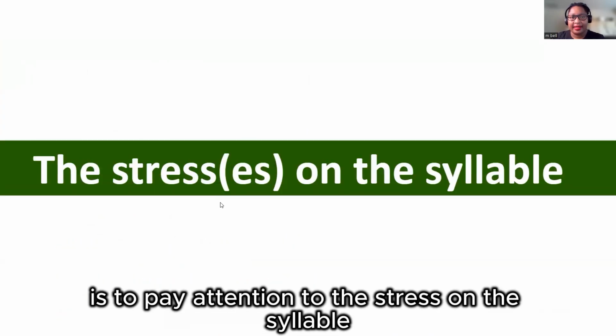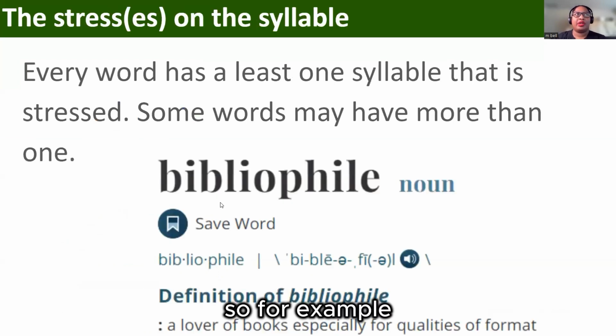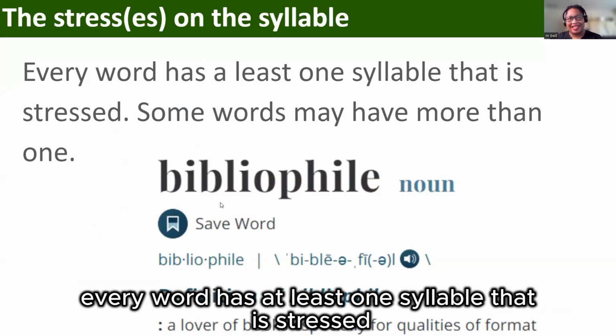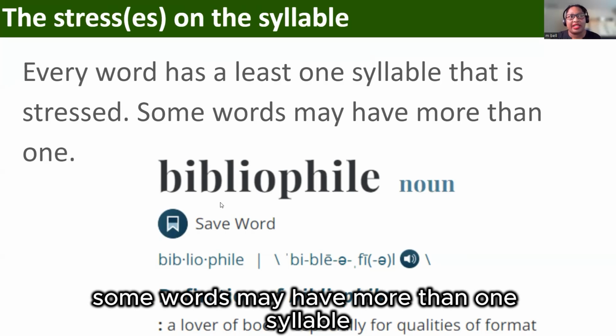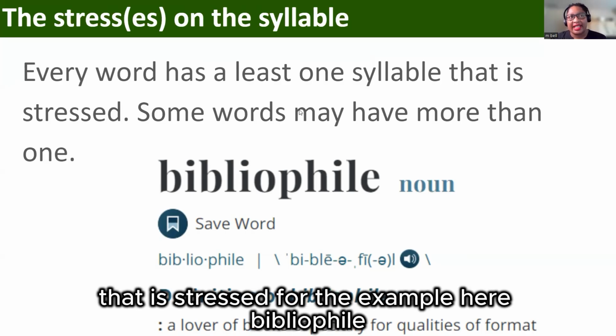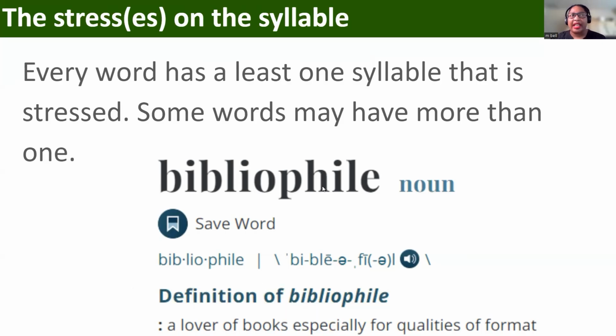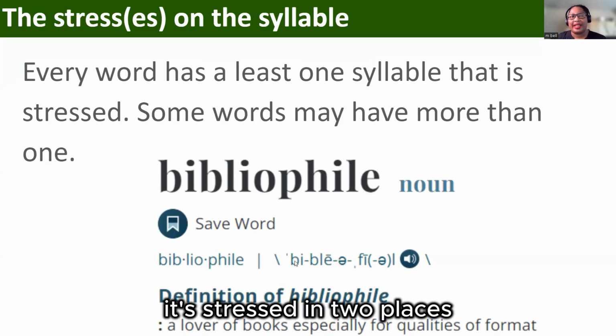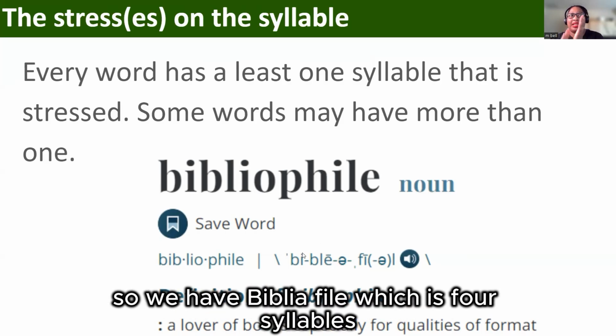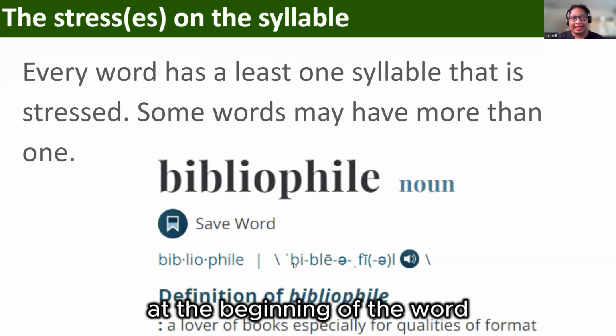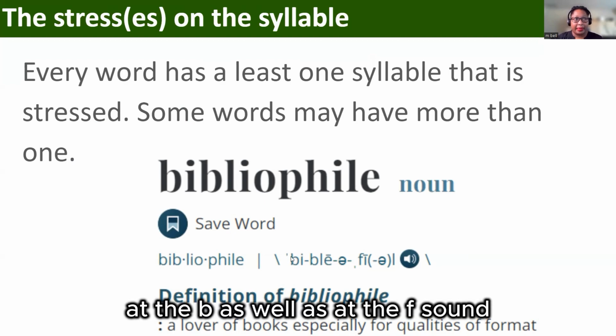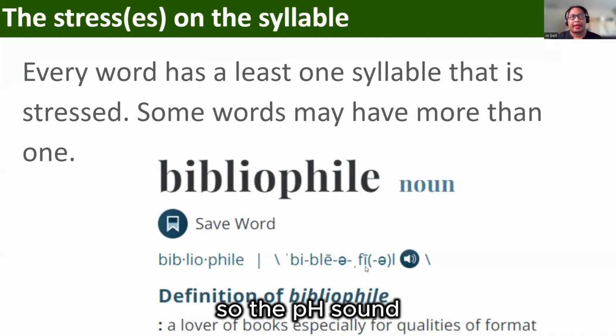Our second step is to pay attention to the stress on the syllable. Every word has at least 1 syllable that is stressed. Some words may have more than 1 syllable that is stressed. For the example here, bibliophile, it's stressed in 2 places. Bibliophile is 4 syllables, and we have the stress at the beginning of the word, the B, as well as at the F sound, so the PH sound.